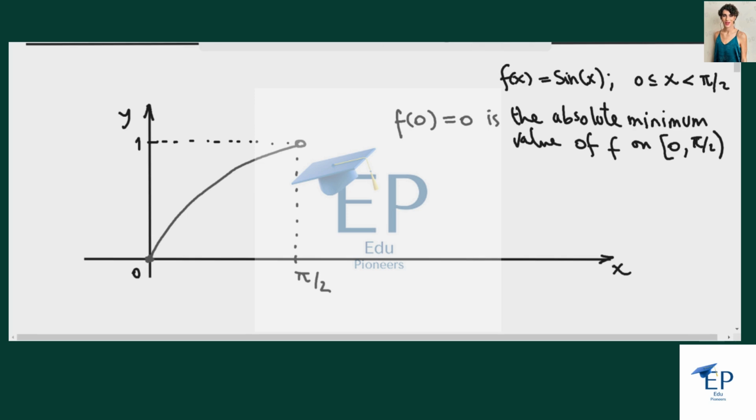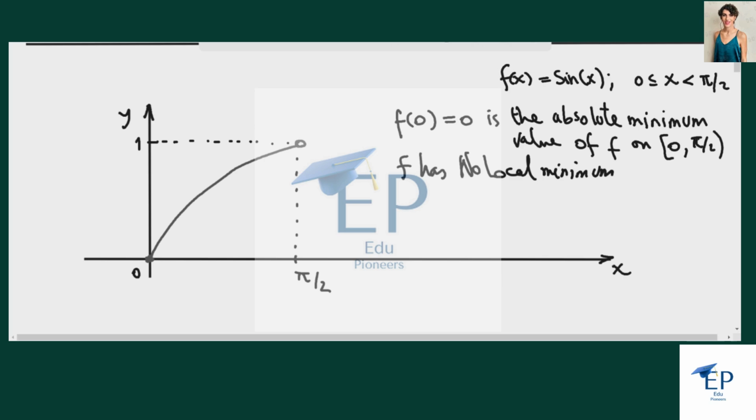There's no relative minimum because this f of 0 equals 0 cannot be considered local, because we have no function to the left. Even though the sine is defined, we have considered only that interval, so there is no local minimum. f has no local minimum on that interval.